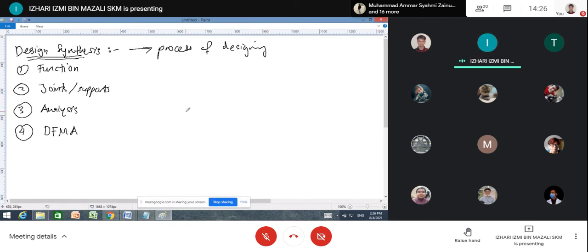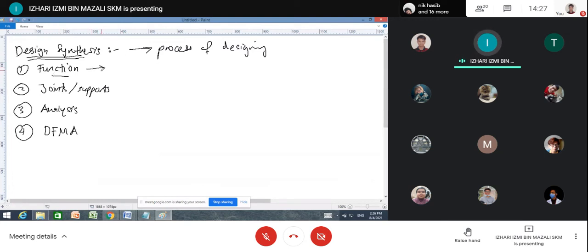actually how you conduct a design process, there are many ways. Depends on the designer, depends also on the engineer and so on. But in my case, I usually divide it into these 4 parts. The first part is the function.